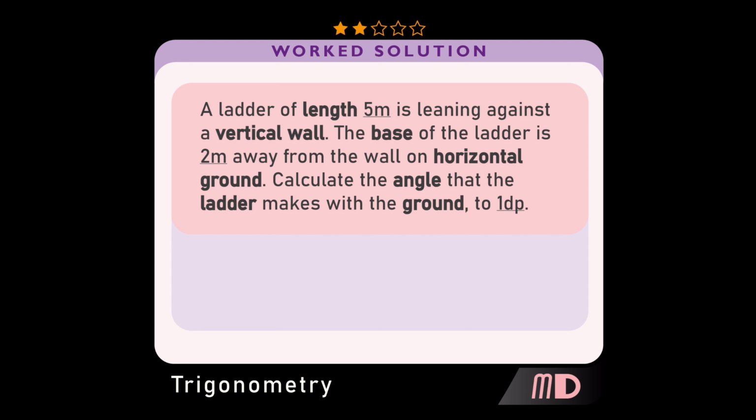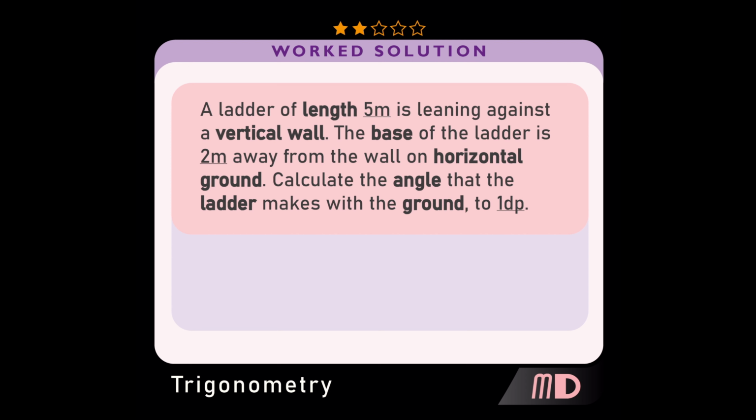When we know the length of 1 side and the size of 1 acute angle, or we know the length of 2 sides and want to find the size of an angle, we apply trigonometry. In this question, we've been asked to find the angle that the ladder makes with the ground, so we need to use trigonometry.